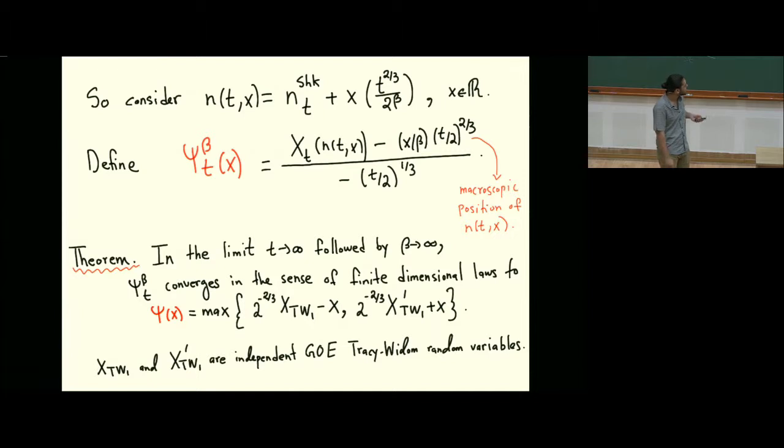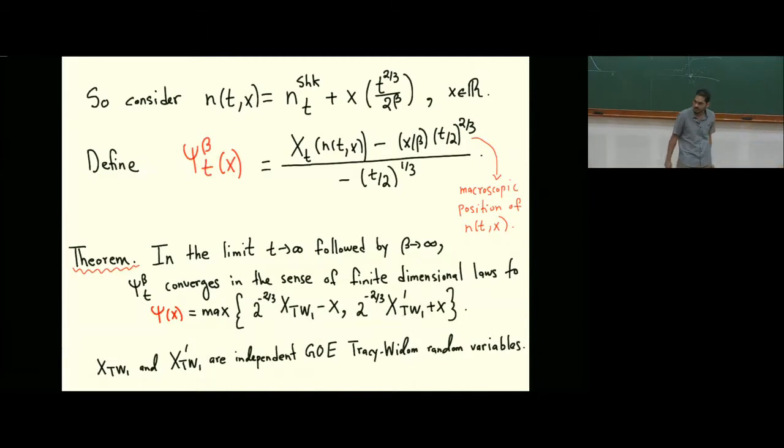Then you look at the macroscopic shock process, which is this psi of beta t as a function of x. You look at the position of this particle ntx at time t, subtract off its macroscopic position, and divide by t to the 1/3, which is the scale on which it fluctuates. You would like to understand what happens to this psi beta t as t goes to infinity and then beta goes to infinity, as a process of x.